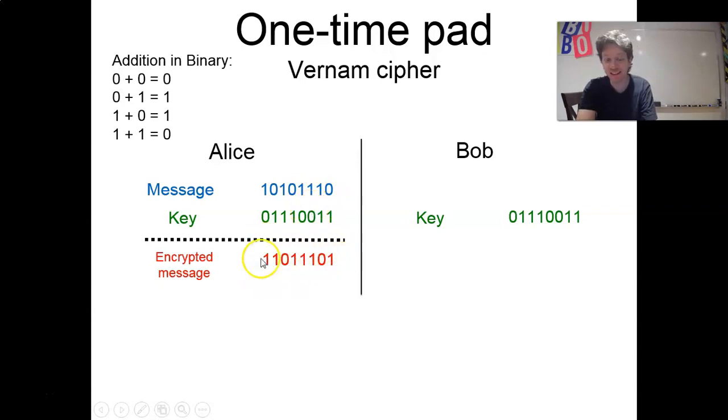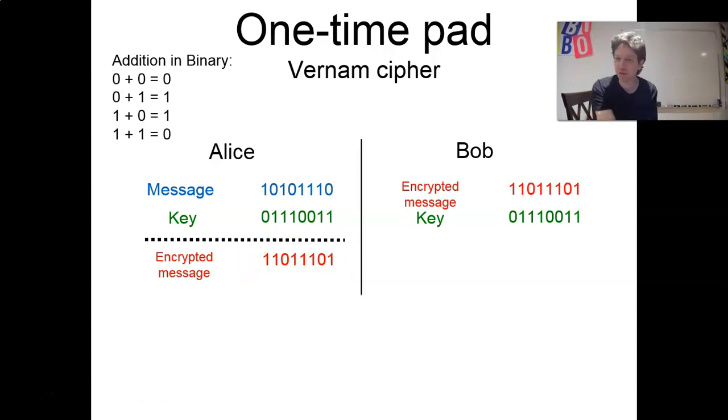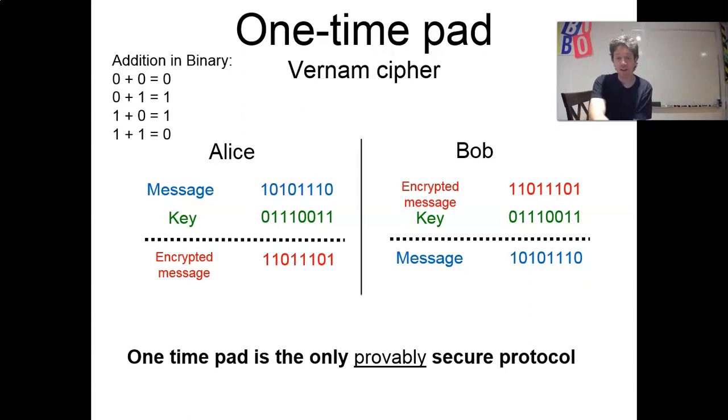And that's going to give you an encrypted message. Now you can send that encrypted message. An eavesdropper could look at it, but they won't know what it means without a key. When Bob gets it, he uses that same key and again adds them. And when he does that, he gets the original message. Okay. So this seems pretty secure.